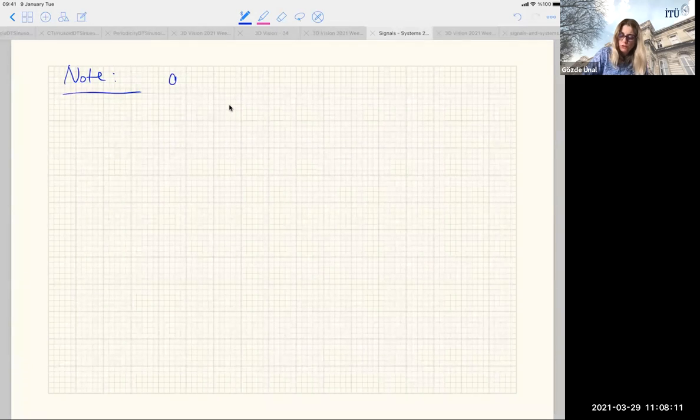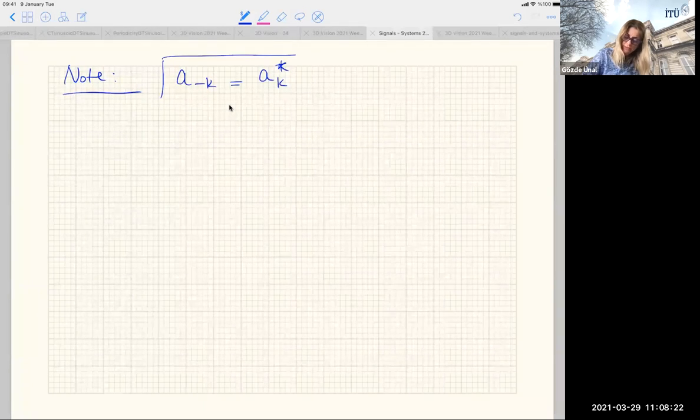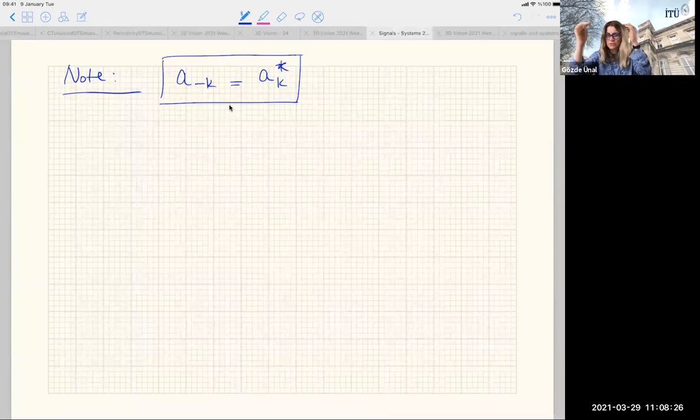I won't be deriving it again because we derived it last week for the continuous case. It's the same typical derivation. For real signals, we write the synthesis equation, take the complex conjugate, and because it's a real signal, we equate both sides.